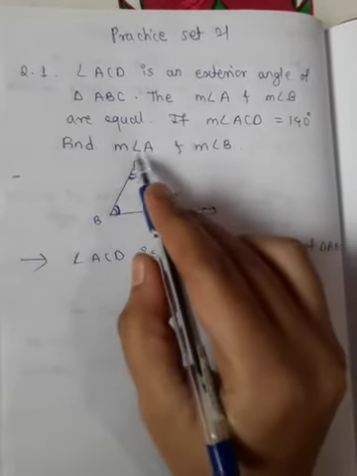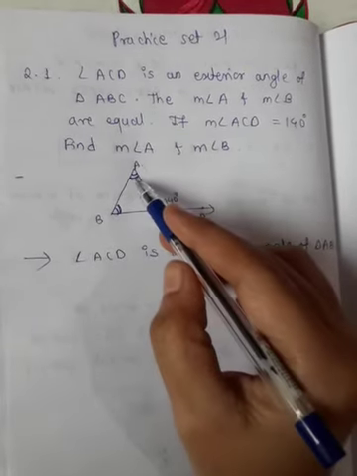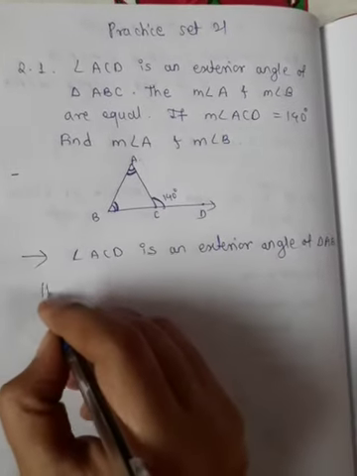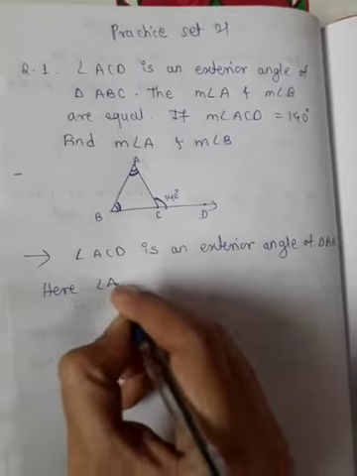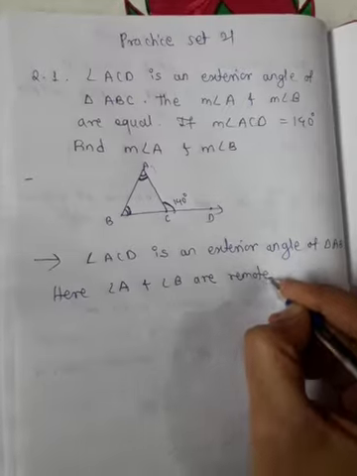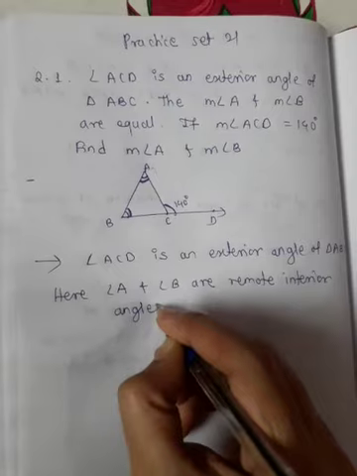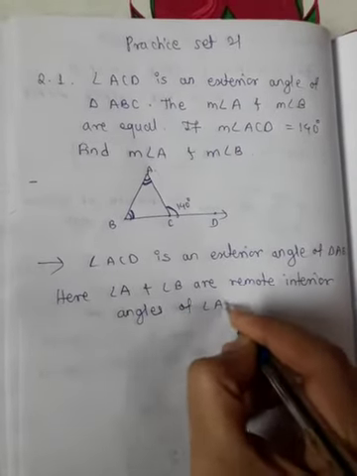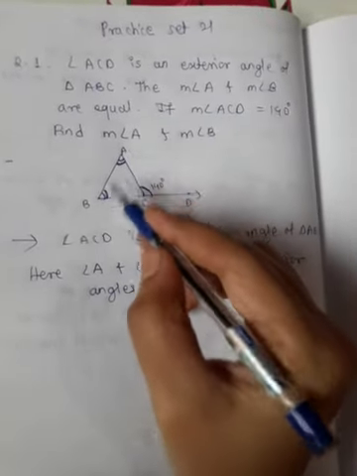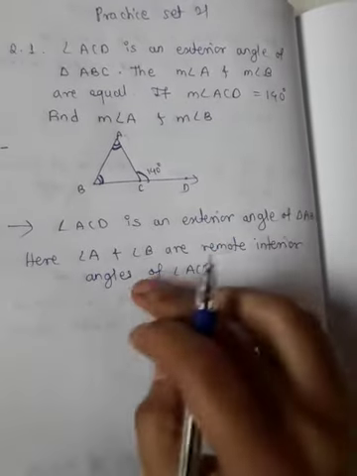We have to find the measure of angle A and measure of angle B. So we know that ACD is exterior, and therefore angle A and angle B are the remote interior angles of angle ACD. By the definition, we know that angle A and angle B are remote interior of angle ACD, and we know the relation between remote interior and exterior angles.